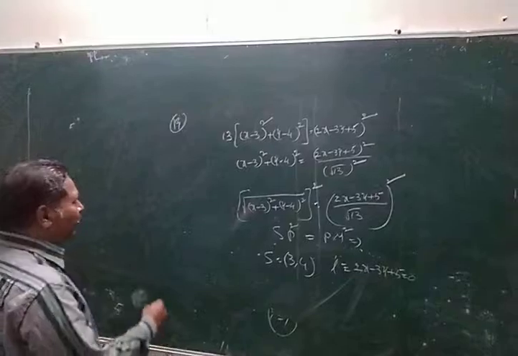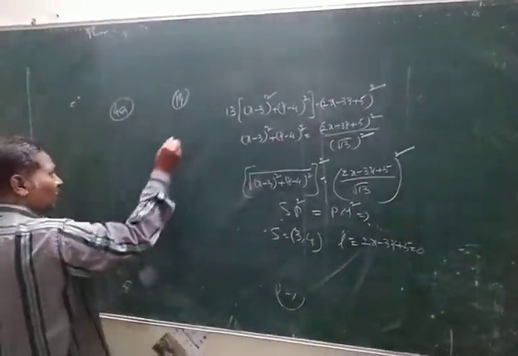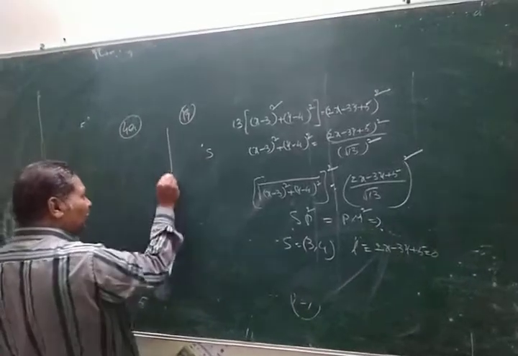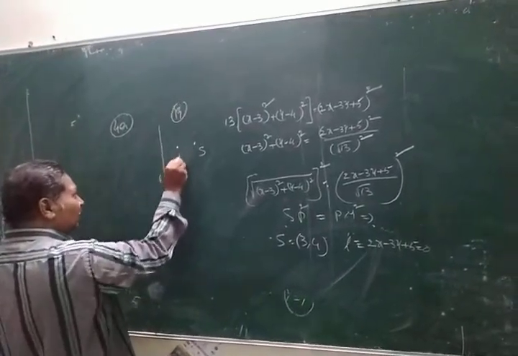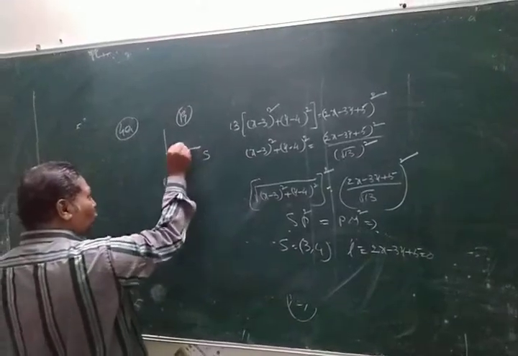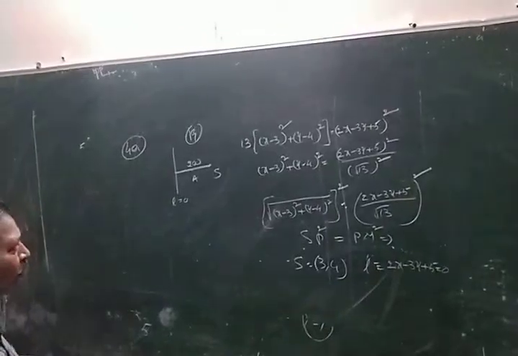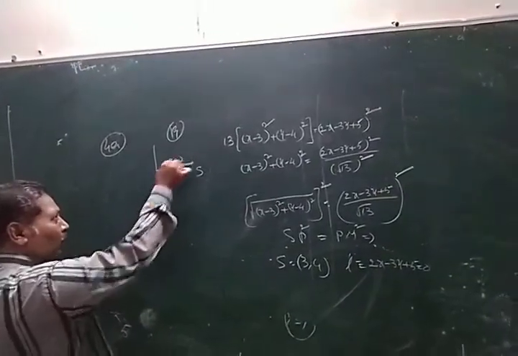He wants the length of the latus rectum. Listen, this is S, this is L, this is A. So the distance is 2a. So first calculate the 2a value.